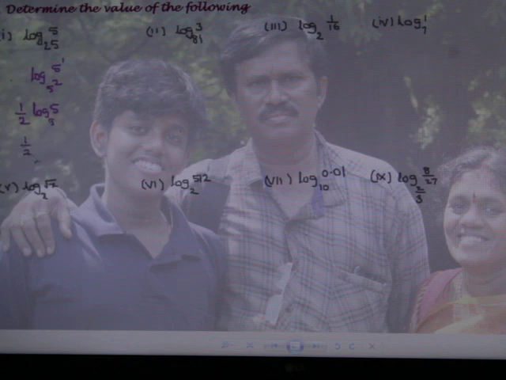Log 5 base 5 is 1, half into 1 is half, that's all. In the same way, this is log 3 base 3 power 4, so power is 1, 1 by 4 log 3 base 3, that is 1 by 4 into 1, so 1 by 4 is the answer.